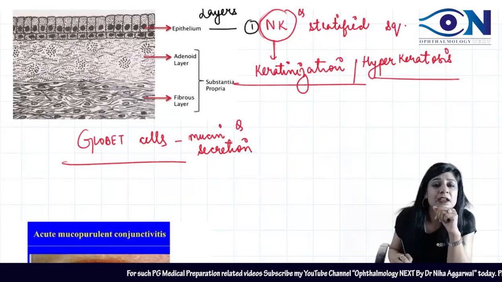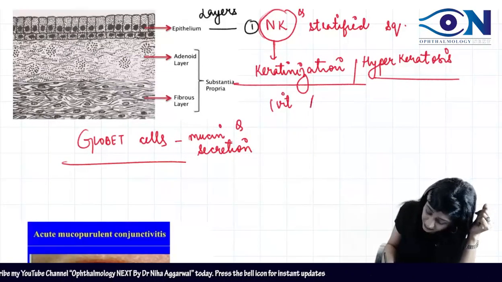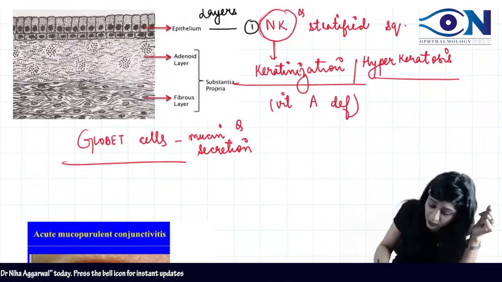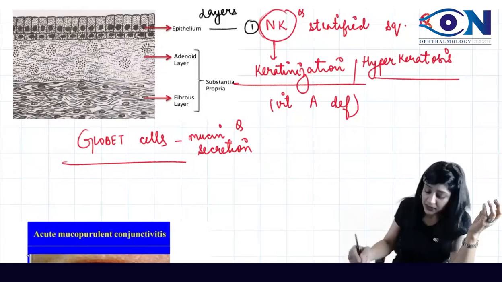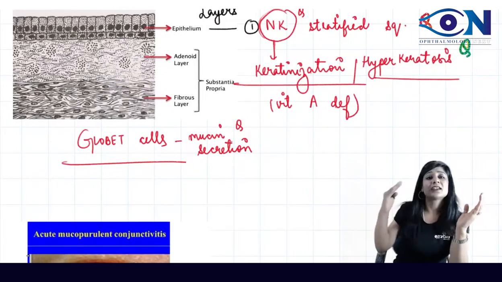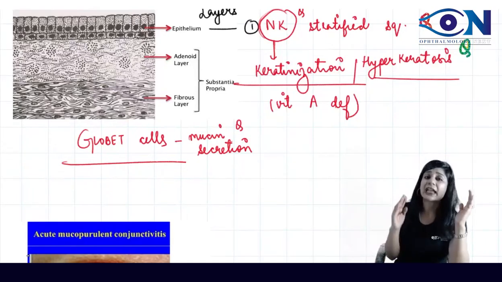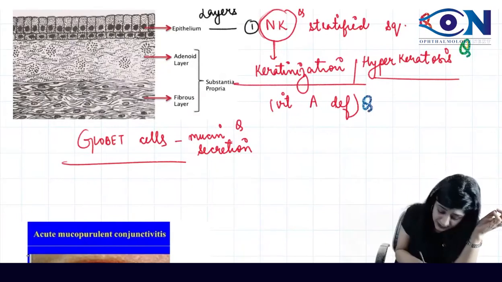This hyperkeratosis of the epithelium actually occurs in vitamin A deficiency. There are a lot of questions that can come here. First is the type of epithelium. Then there is the change of epithelium from non-keratinized to keratinized, called hyperkeratosis. Where does it take place? In vitamin A deficiency. Why?